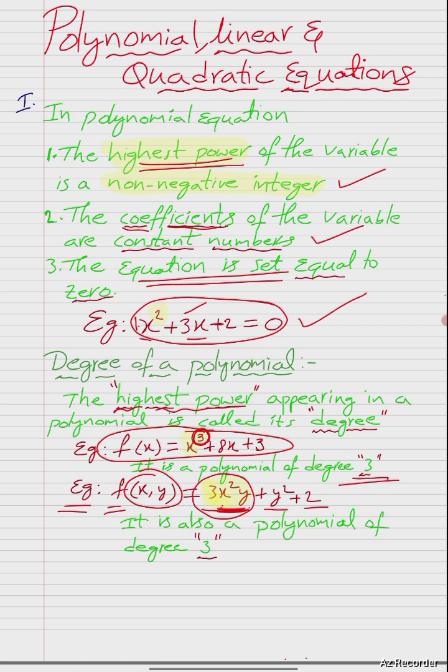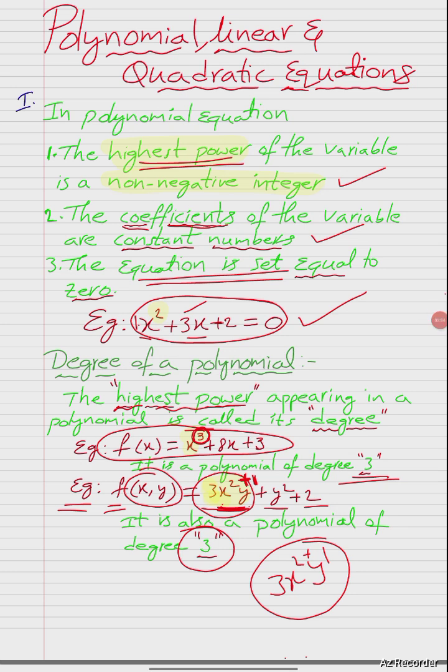So here the power of x is 2 and the power of y is 1. So the total power is 2 plus 1, so here the degree is also 3. Okay. So for 3x square y, the degree is 3 because these two powers get added.